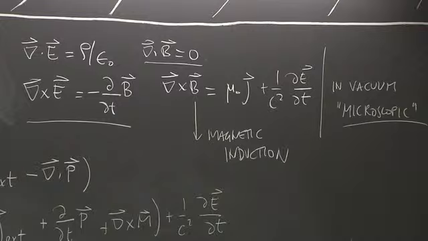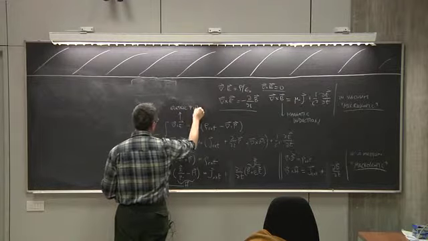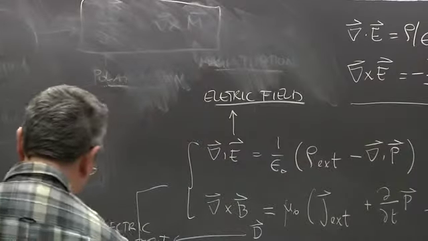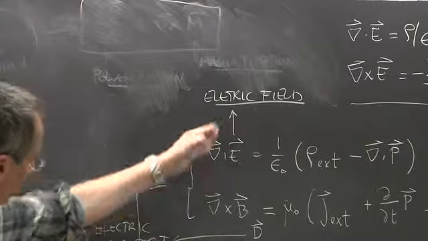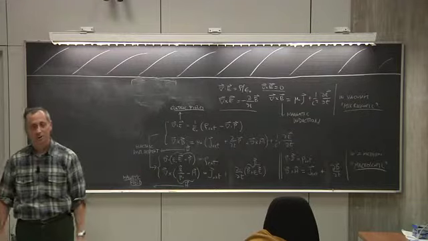And E is the electric field. So in this language, E is the electric field, H is the magnetic field. The other two are electric displacement and magnetic induction.